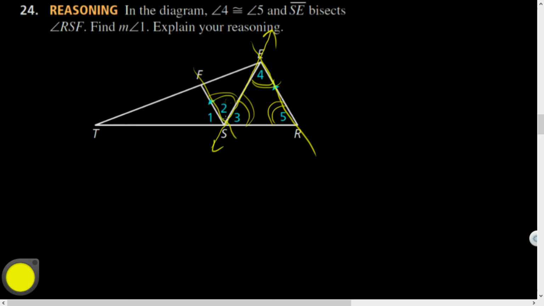Angle 1 to 3? Those aren't quite vertical angles. How's it congruent to 5? Oh, those are corresponding angles. Corresponding angles theorem. And so 1 is congruent to 5.